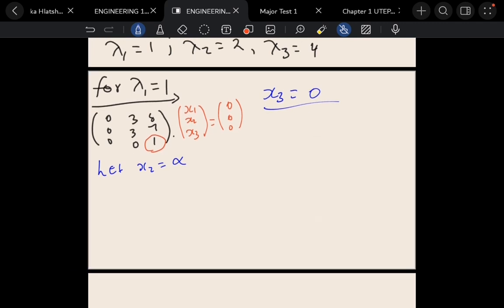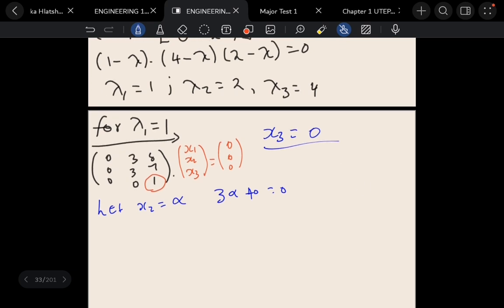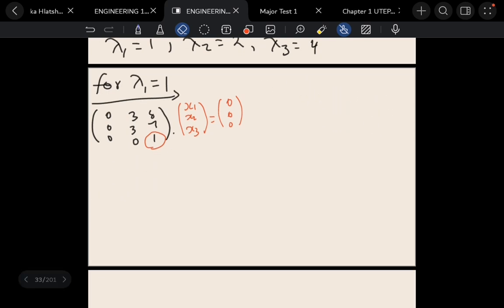Let x2 be alpha. So for the second equation, I'm going to have 3x2 plus 0 equals 0. Now we are trying to solve for x2. And x3 equals 0.